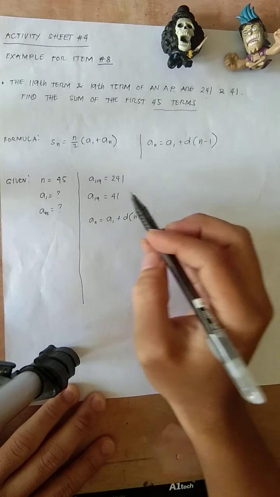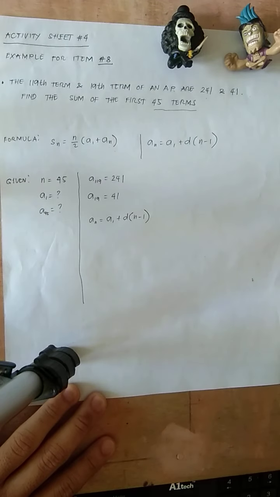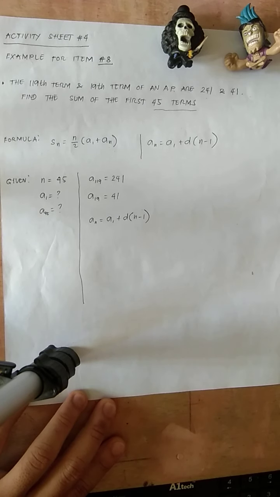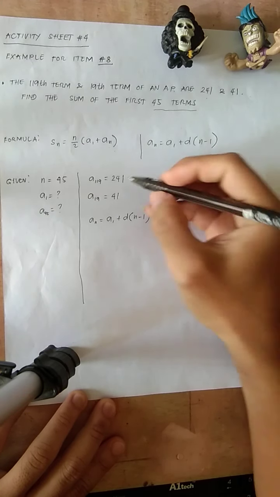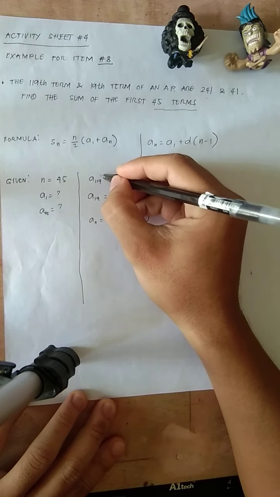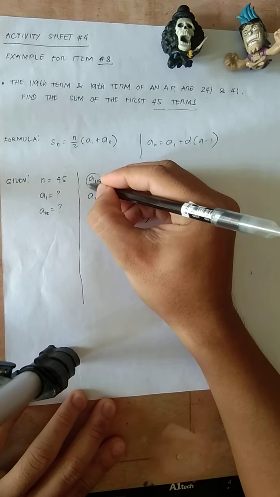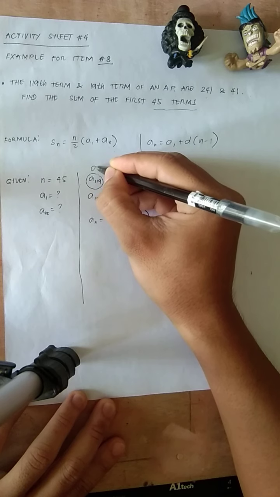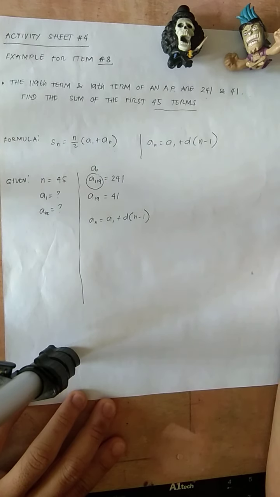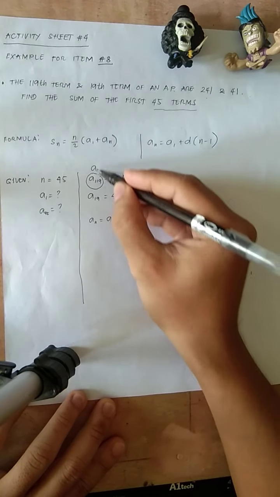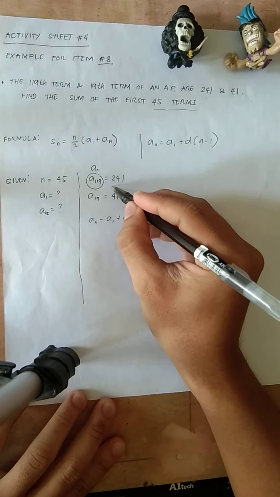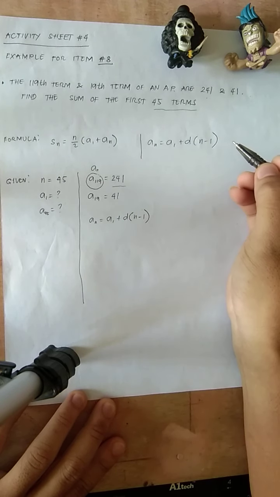So if this is our given, and we let this be our a sub n, that means our a sub n is equal to 241.